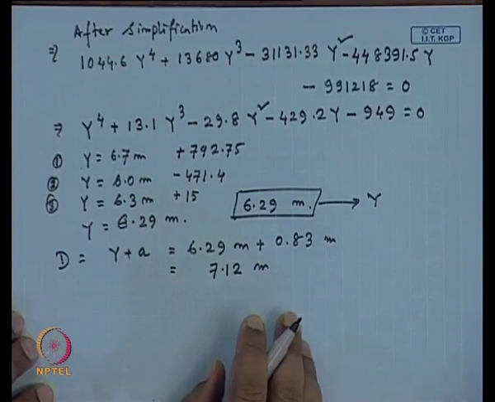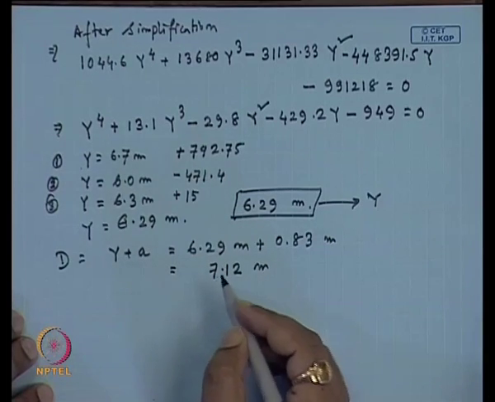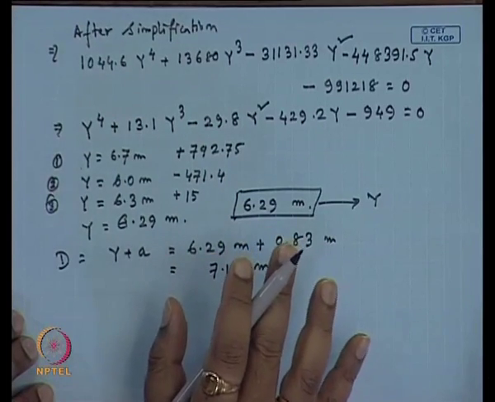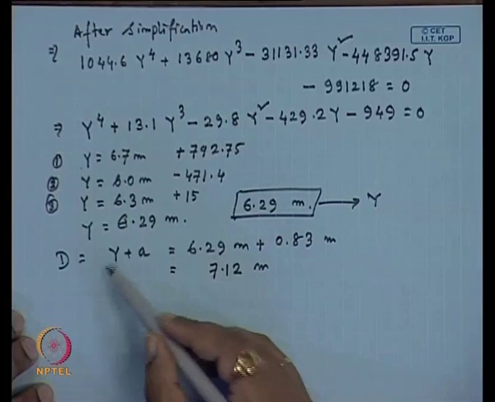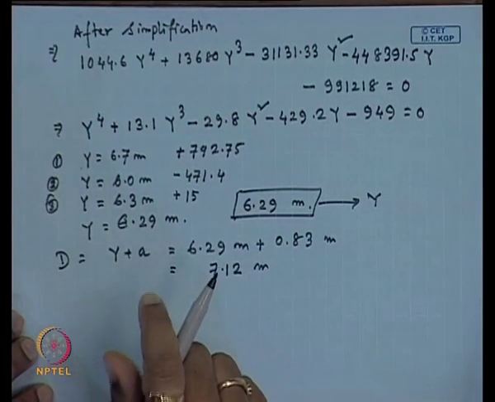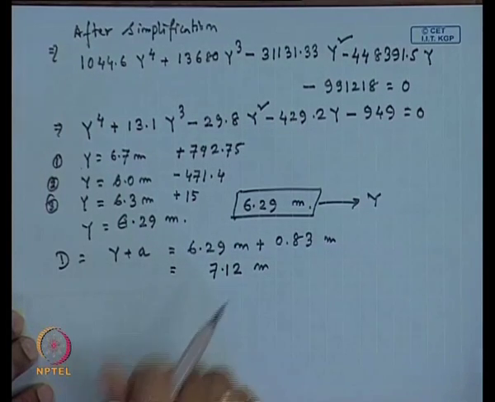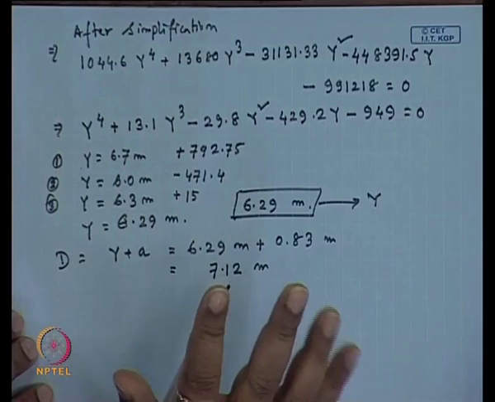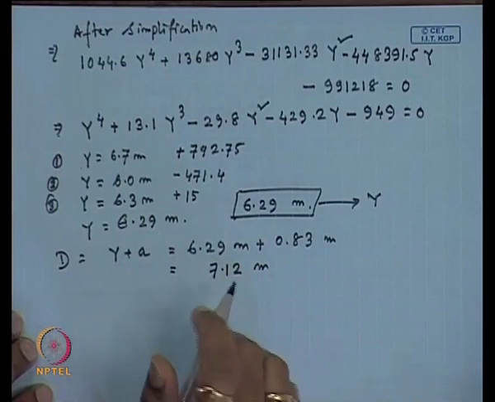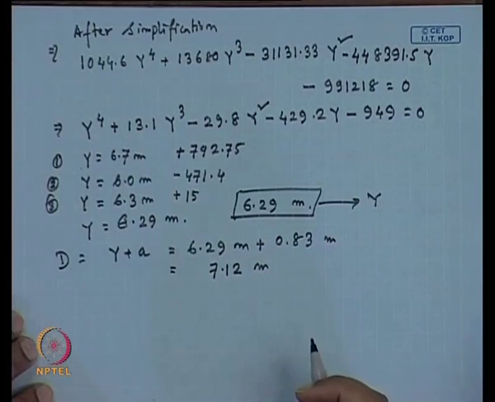If we are not getting 0, then we have to check the calculation again, because there is some mistake. Once we got this y value, we have to check whether the summation of all the horizontal or lateral forces is close to 0. If it is 0 or close to 0, then it is okay, otherwise we have to check the calculation.